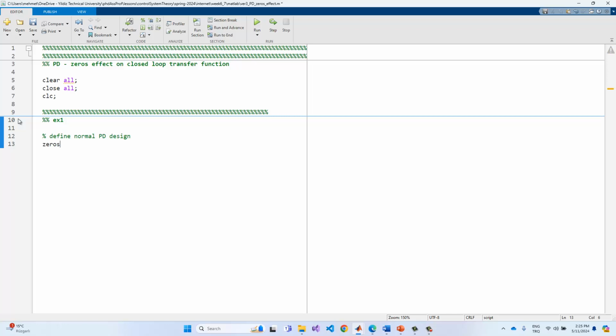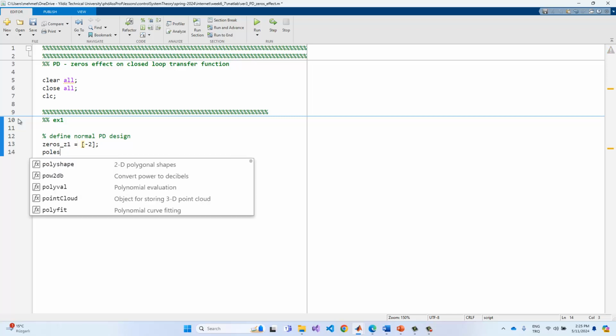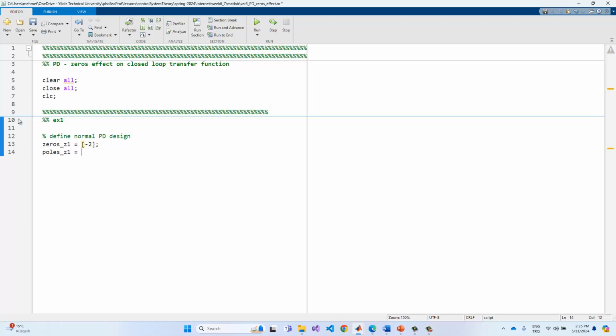Okay, and zeros z1 must be, for example, -2 is the zero in this place, poles z1 for example -1, -2 and -5. Okay, and again z1 can be selected as 1. Okay, because we need to draw the root locus.